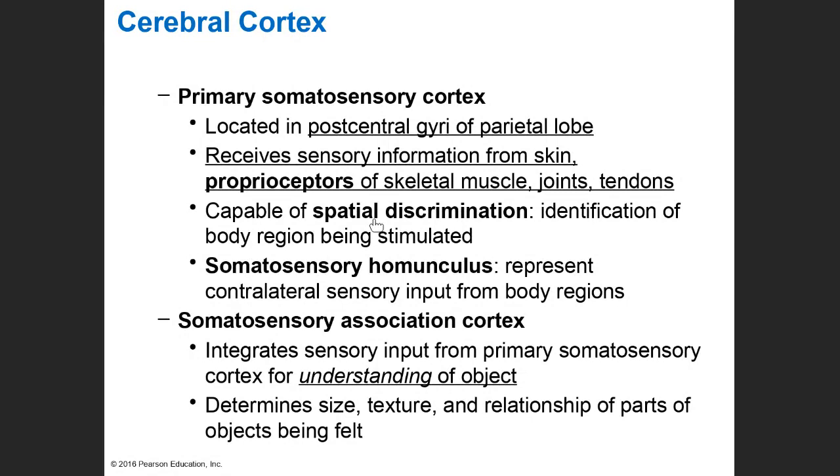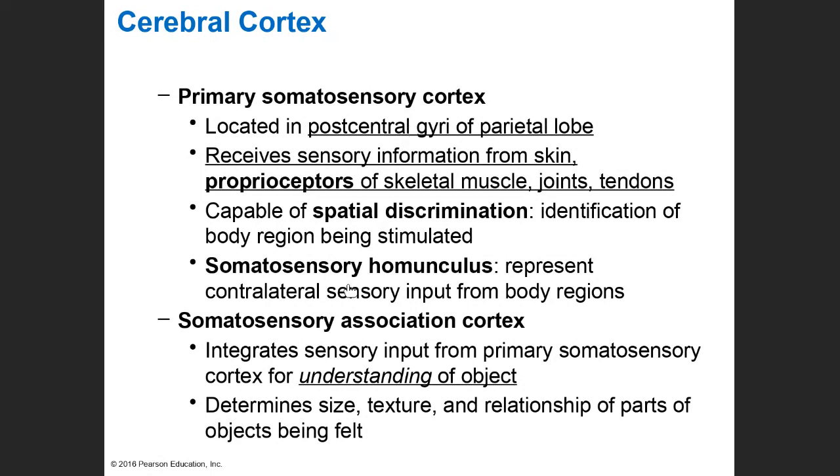Now, remember we mentioned the homunculus. We had a motor homunculus, part of somatotopy, where we were able to map out different parts of the body onto the primary motor cortex. Well, the same thing applies to the postcentral gyrus.